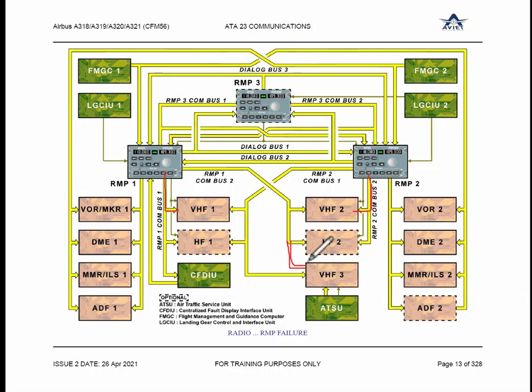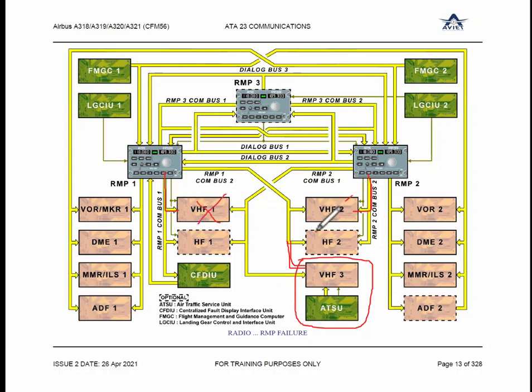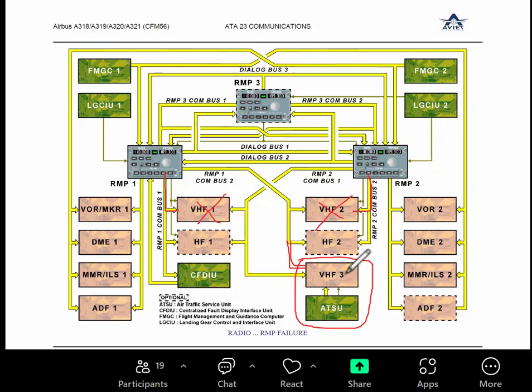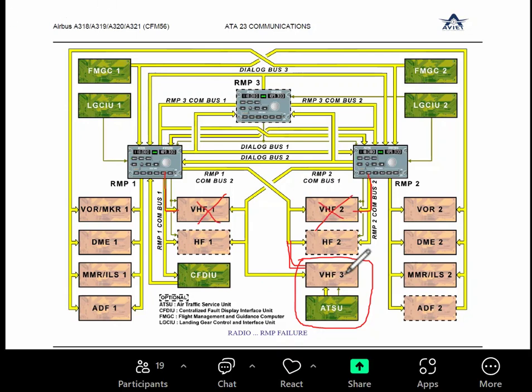Yesterday we talked about how 99% of the data is connected through ATSU, with VHF3 for data transmission. So you will use VHF3 for voice only when either of these is not working. Otherwise, you will not use VHF3.